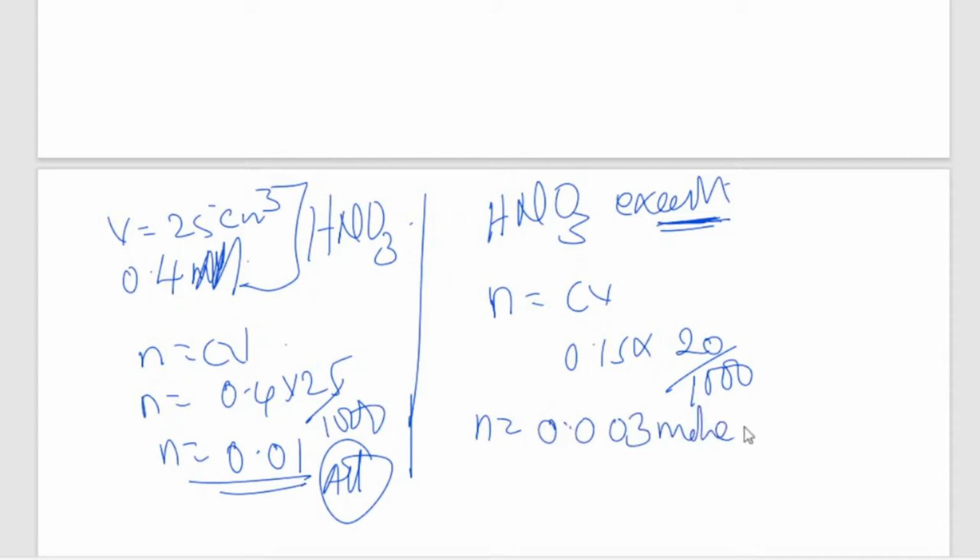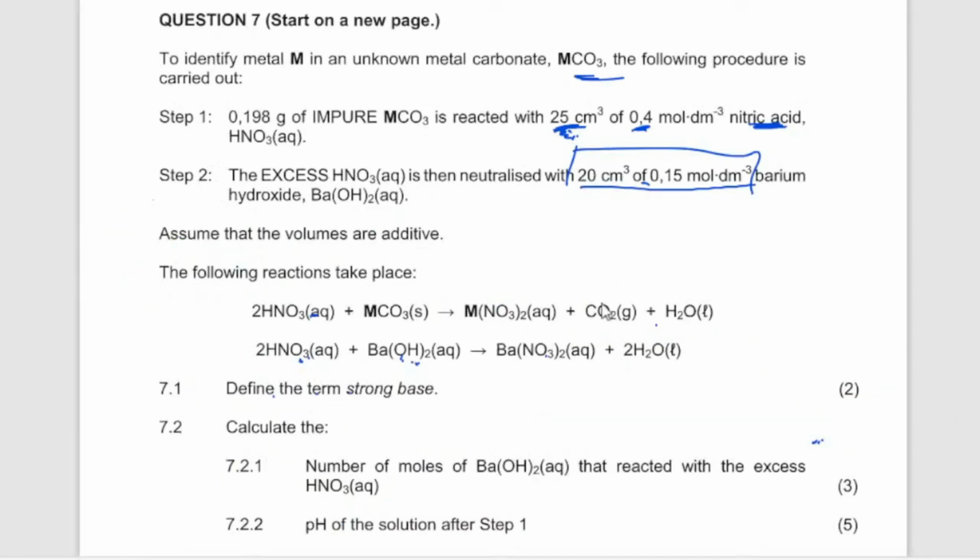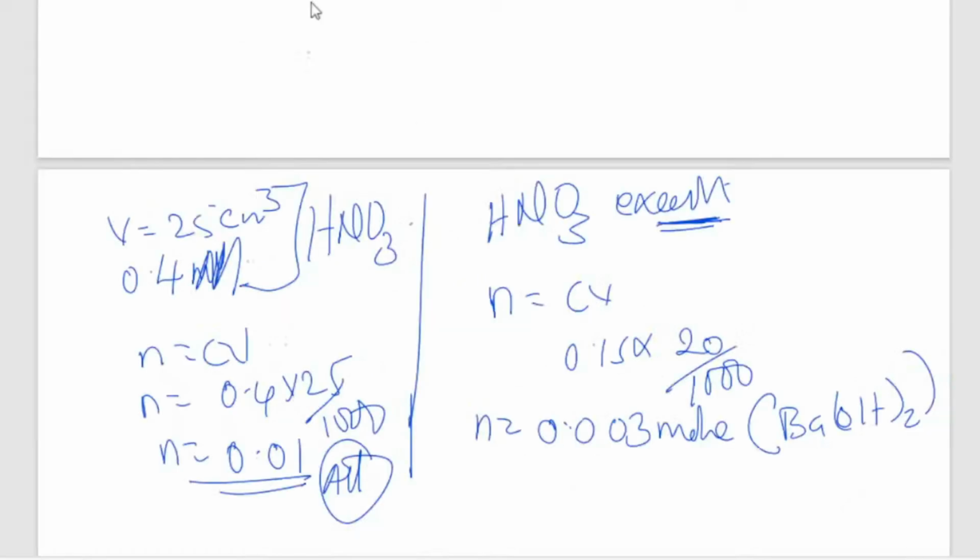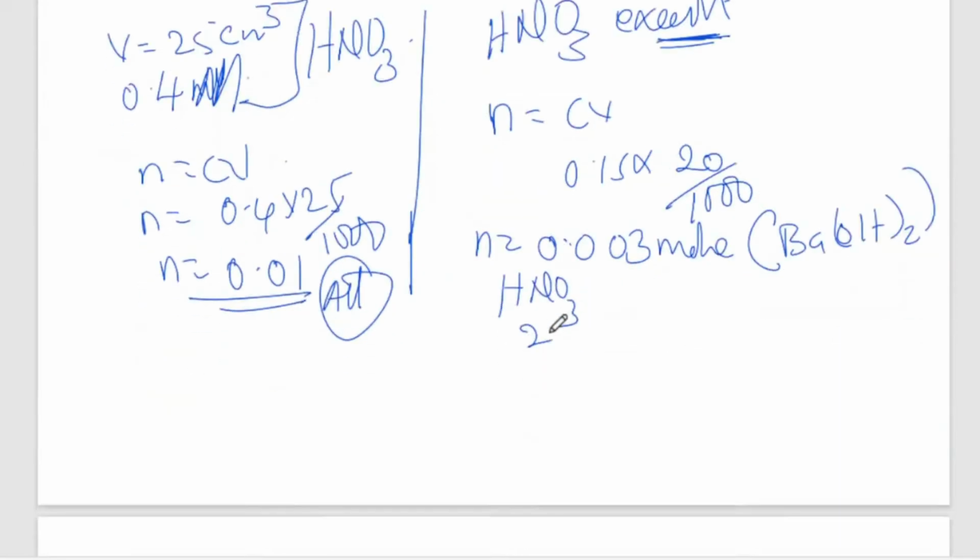moles. But these moles are the moles of barium hydroxide. Understand? Now you can use the mole ratio to find the nitric acid, because that's barium hydroxide. The mole ratio is 1 to 2. So nitric acid is 2, while barium hydroxide is 1.